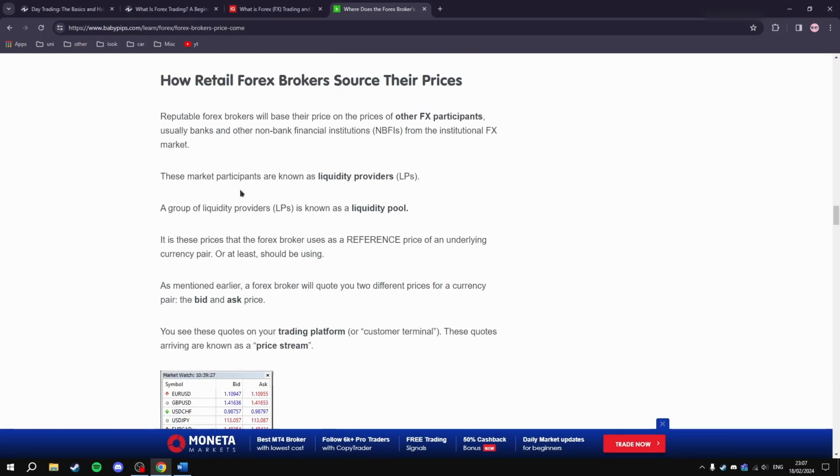These market participants are known as liquidity providers. A group of liquidity providers is known as the liquidity pool.